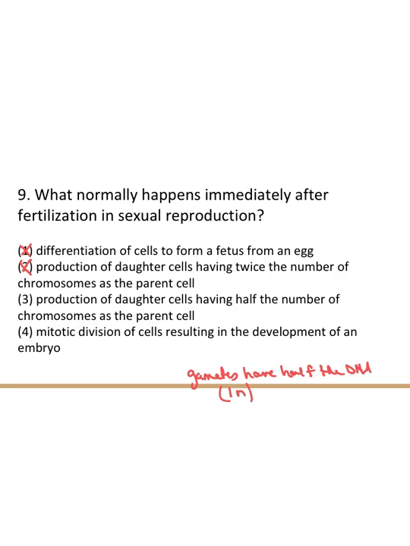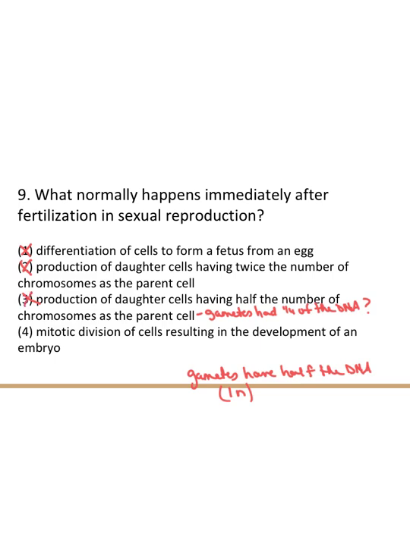The production of daughter cells having half the number of chromosomes. So that means the gametes had 1/4 of the DNA? No. Hold on, my pen changed again. Okay.